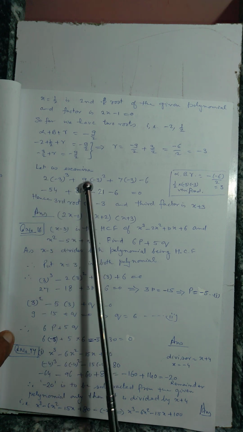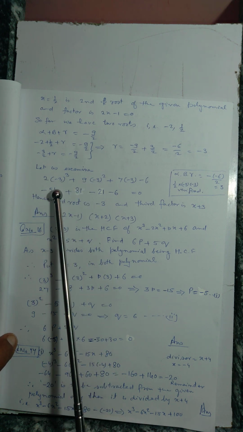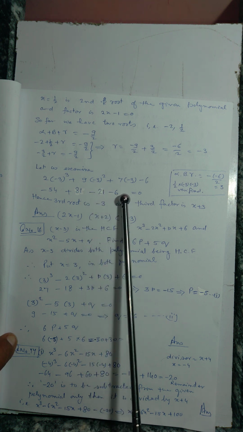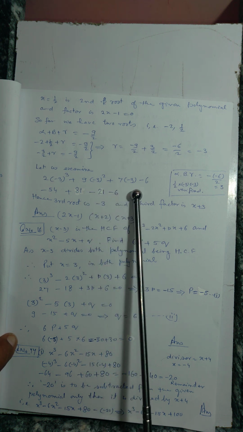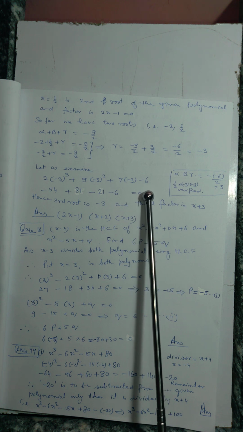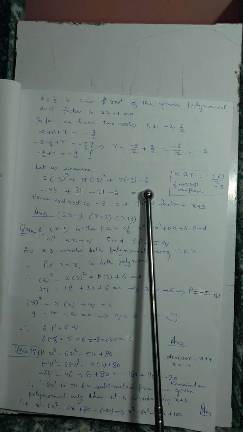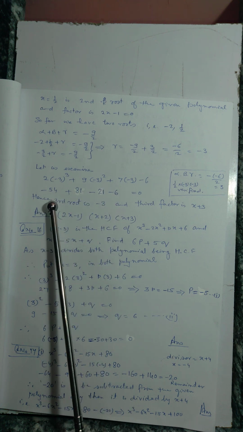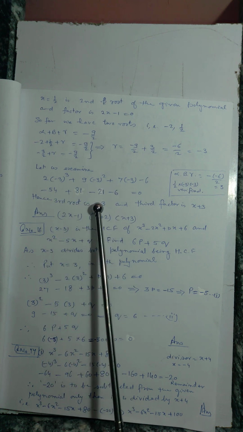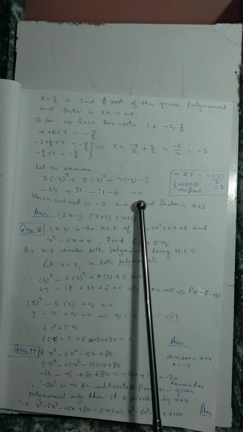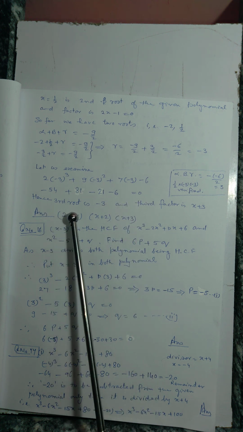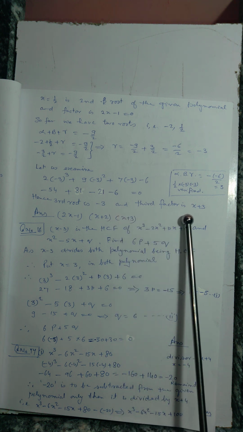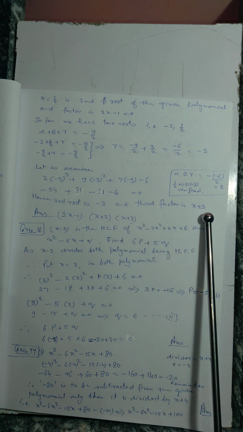Let us examine. 2 into minus 3 raised to power 3 plus 9 into minus 3 raised to power 2 plus 7 into minus 3 minus 6. You solve it, you will get here minus 54 plus 81 minus 21 minus 6 equal to 0. Hence the third root is minus 3 and the third factor is x plus 3.